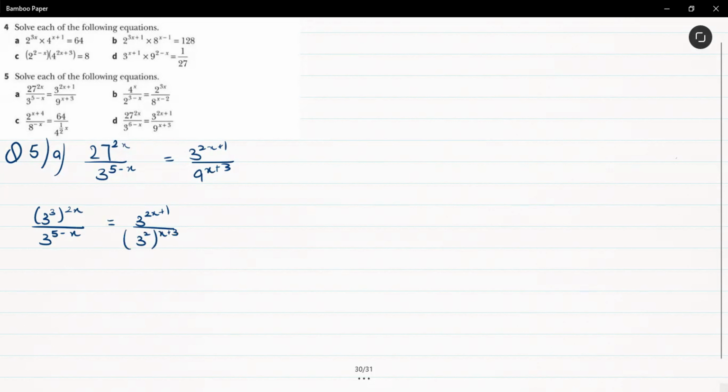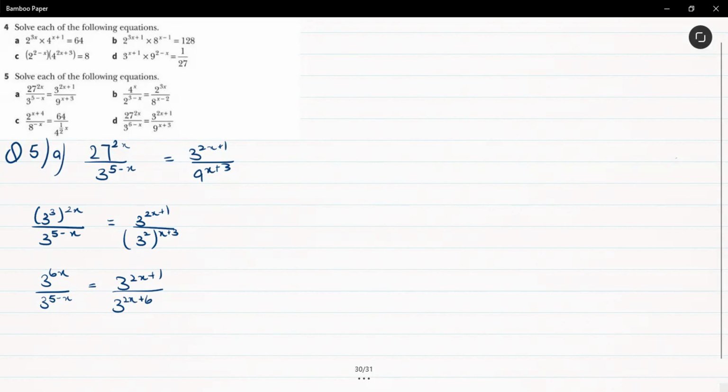Now simplify this, we get 3 raised to the power 6x divided by 3 raised to the power 5 minus x is equal to 3 raised to the power 2x plus 1 divided by 3 raised to the power 2x plus 6.